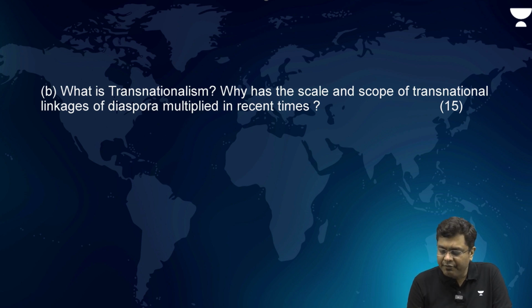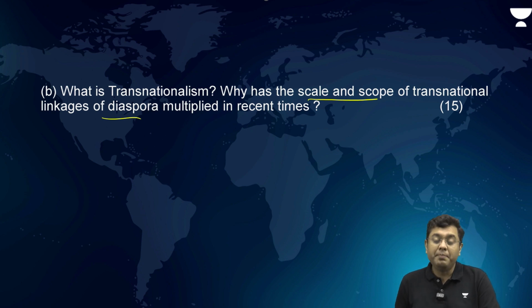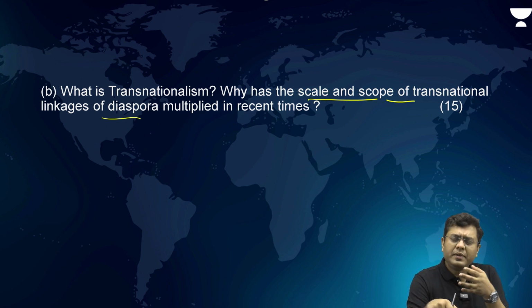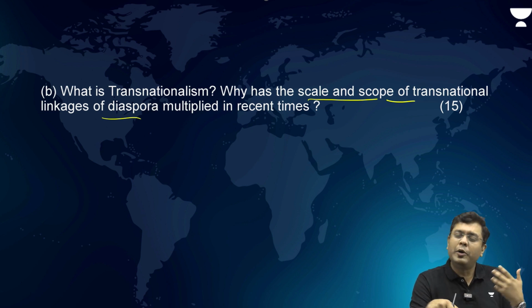So, why has the scale and scope of transnational linkages of diaspora multiplied in recent times? Now, this is where you can give the example of increased communication systems, increased awareness about global issues, which was earlier not the case.